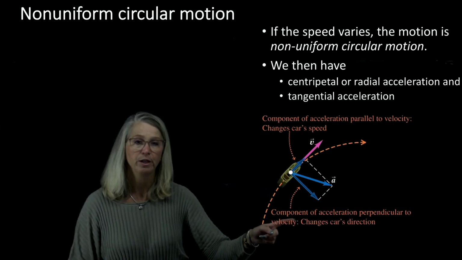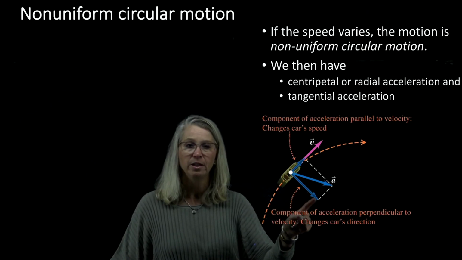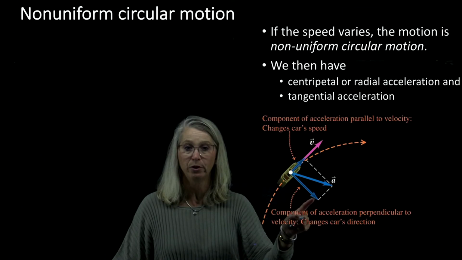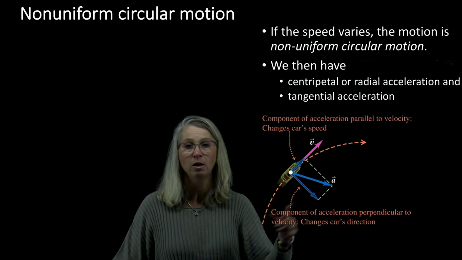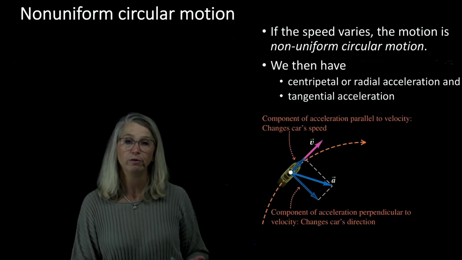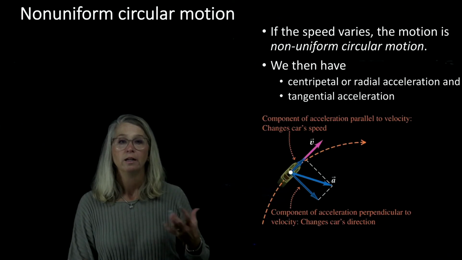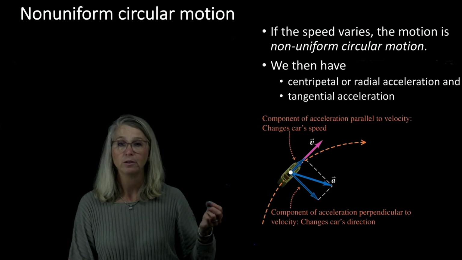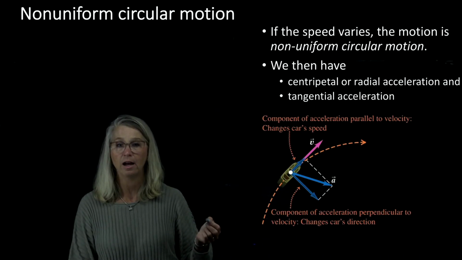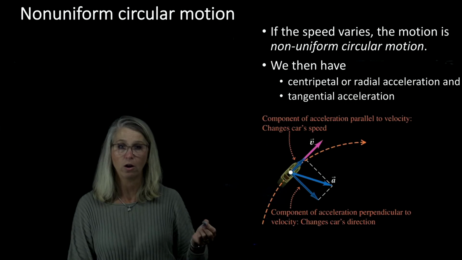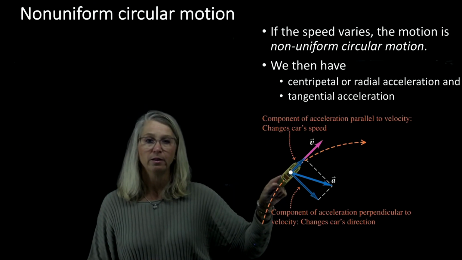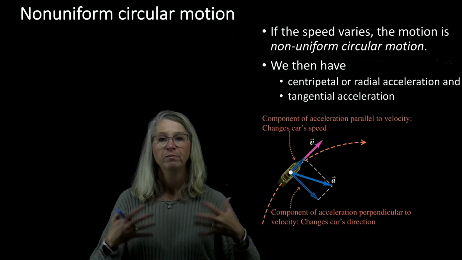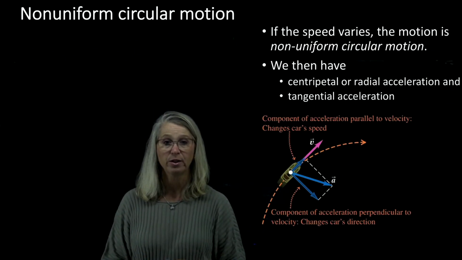So in this picture right here, you see this blue arrow here represents the centripetal acceleration of this car because of the fact that it's moving in a circle. We would find the magnitude of that using its speed at that instant in time. It still would be v squared over r. Now, this little blue arrow that you see right here represents the tangential acceleration.